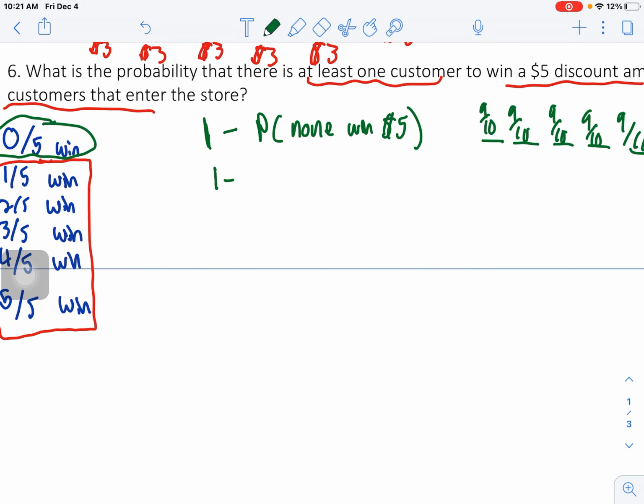So it's 1 minus (9/10) to the 5th power. And what you get is about 0.41.